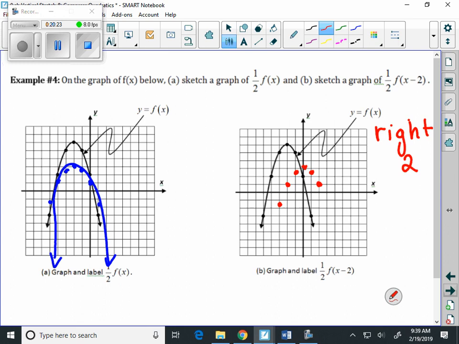And finally, our point 1, negative 1.5 is going to move to the right. And now what we have is our completely graphed function. My red graph is much better than my blue graph there. And this is the 1/2 f of x minus 2.